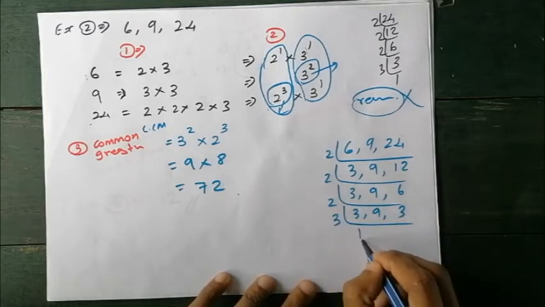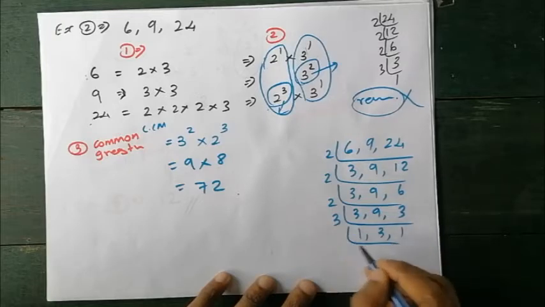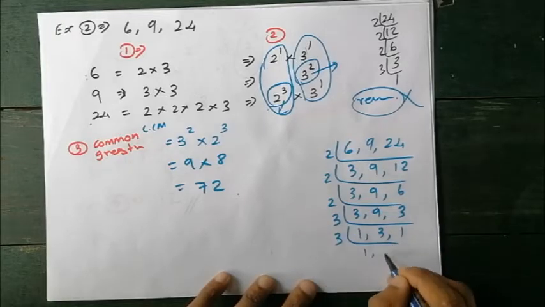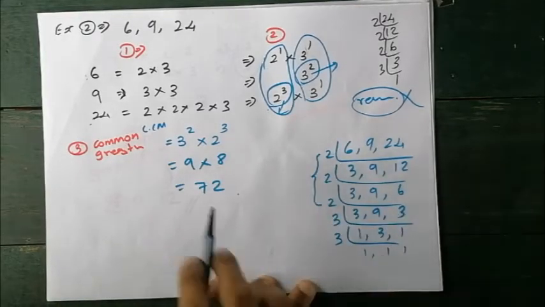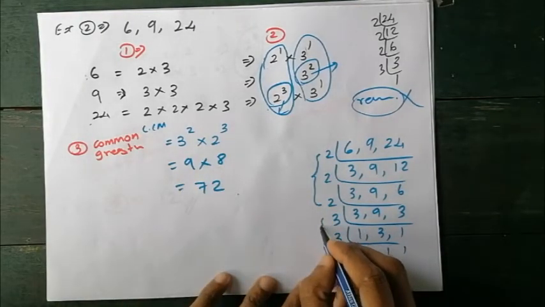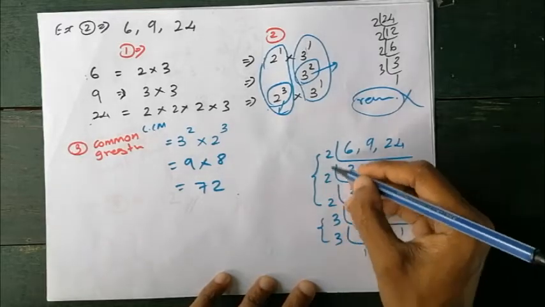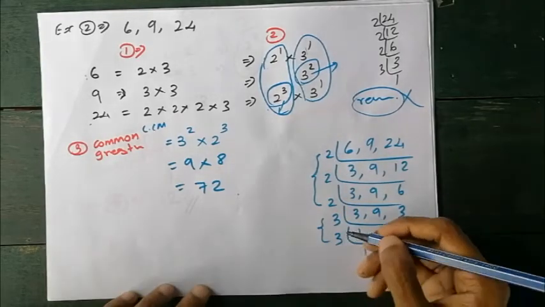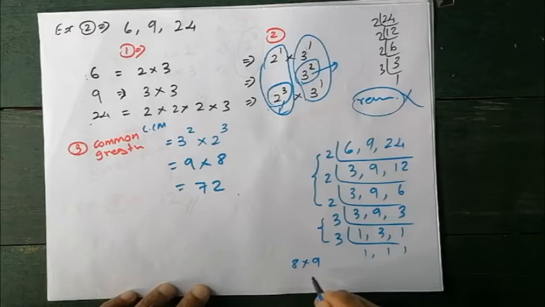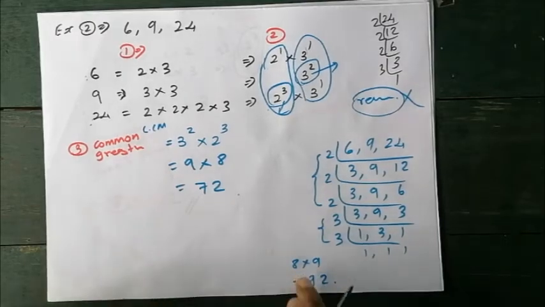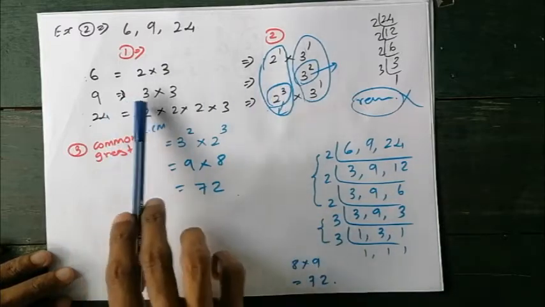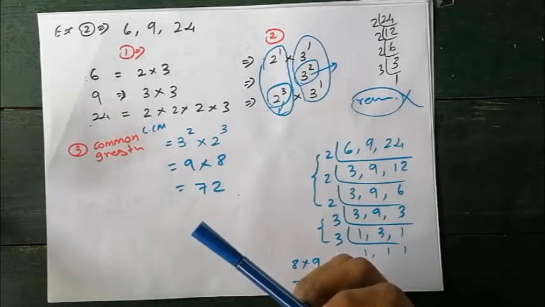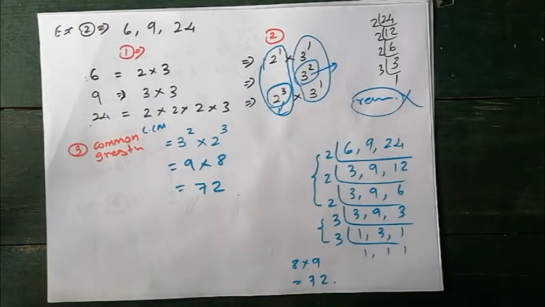Dividing by 3. 1, 3 times 1. Dividing by 3. 1, 1, 1. If we check, it's 2 times 3 and 3 times 2. It's 2 cube and 3 squared. So 8 into 9, same answer 72. But we have these 2 as extra steps.